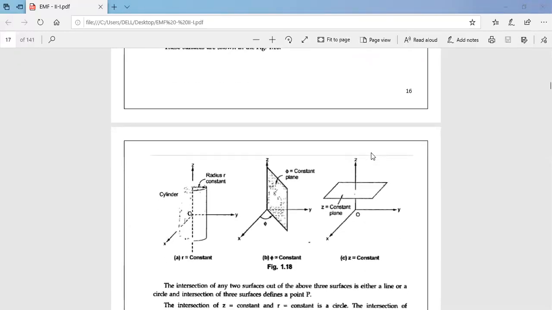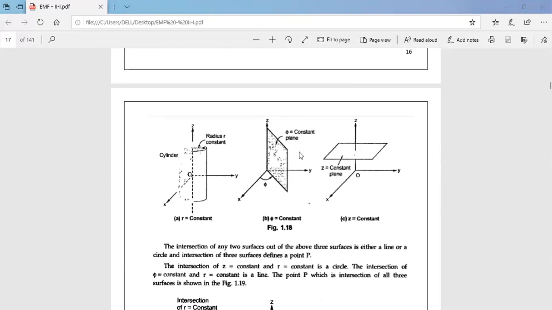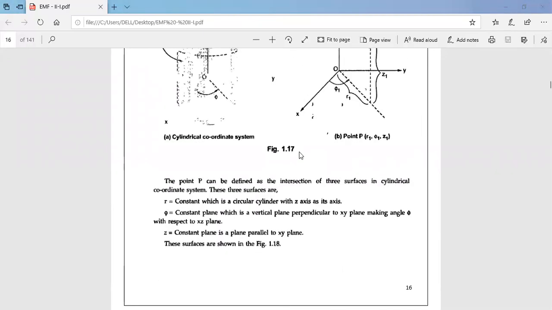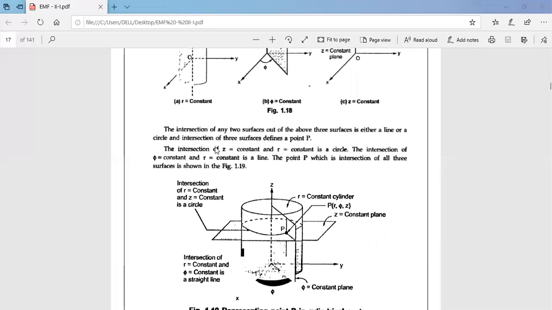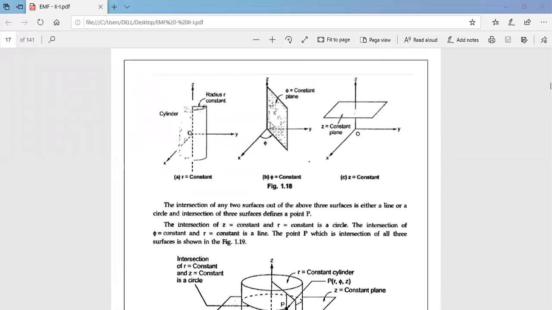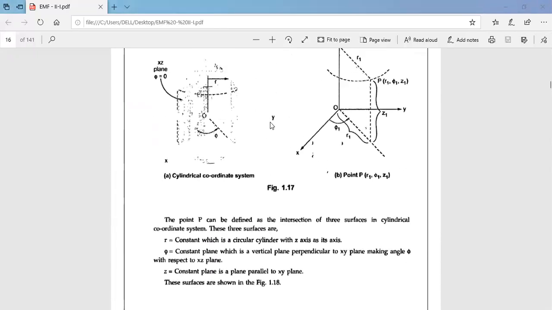So to locate your point, R is a constant, phi is a constant, and Z is a constant plane. Now, go back up on this.